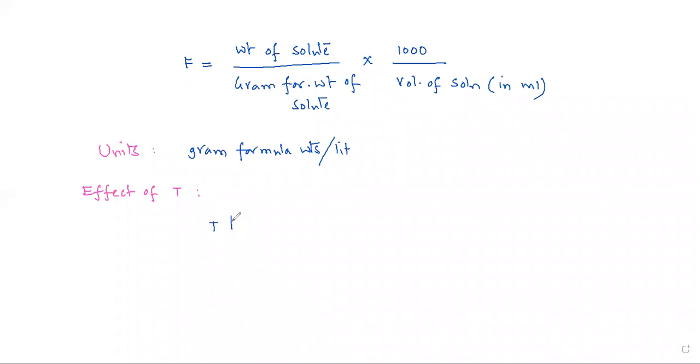See, when temperature is increased, volume of solution increases. As volume and formality are inversely proportional, formality decreases. Okay. So that is about the effect of temperature on formality.